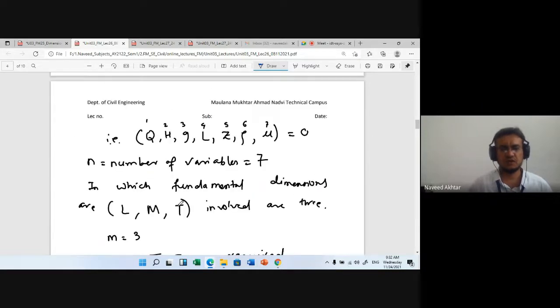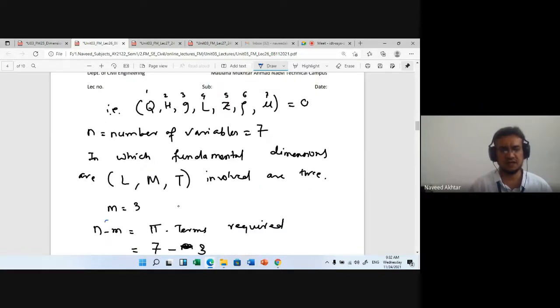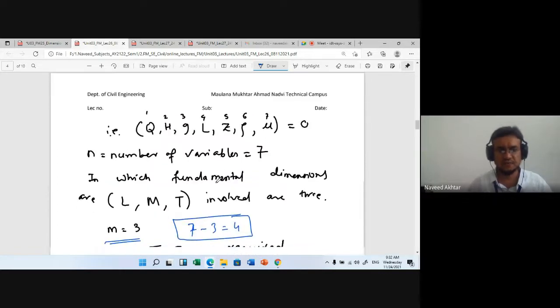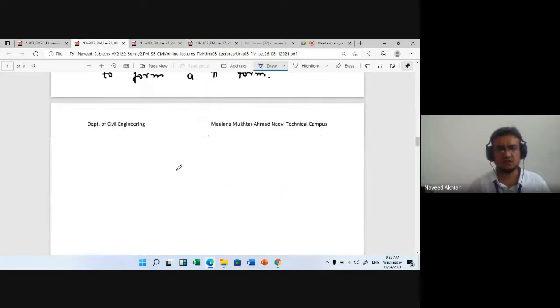So basic dimensions M are 3, and n is 7. 7 minus 3 is nothing but 4 pi terms. This example we have already solved earlier, so no need of going further. You can refer to that from the Google Classroom and understand.